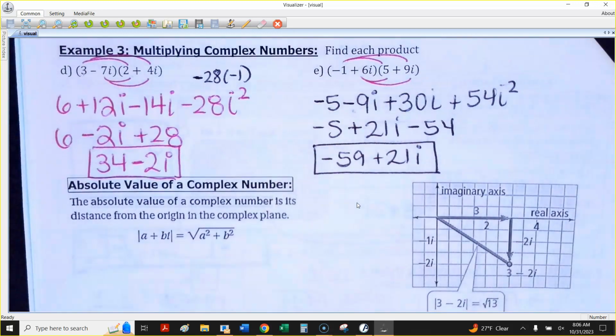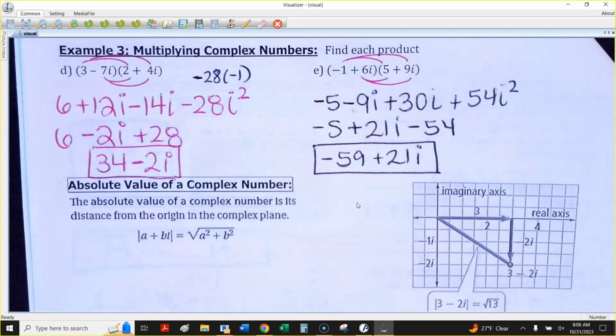Remember, i squared is going to become negative 1. And see if we can combine the real parts. So looks good.